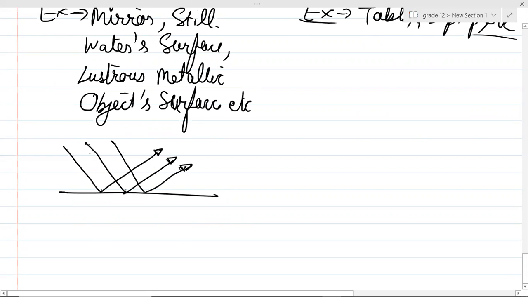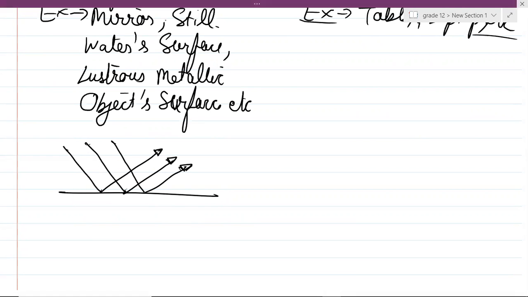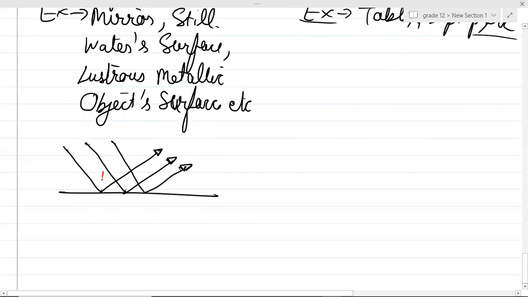See over here, the angle I1 is equal to R1, the angle I2 is equal to R2, and the angle I3 is equal to R3. In the case of regular reflection, if it's a parallel beam, then I1, I2, I3 are equal. That implies R1, R2, R3 will be equal. Is this clear?